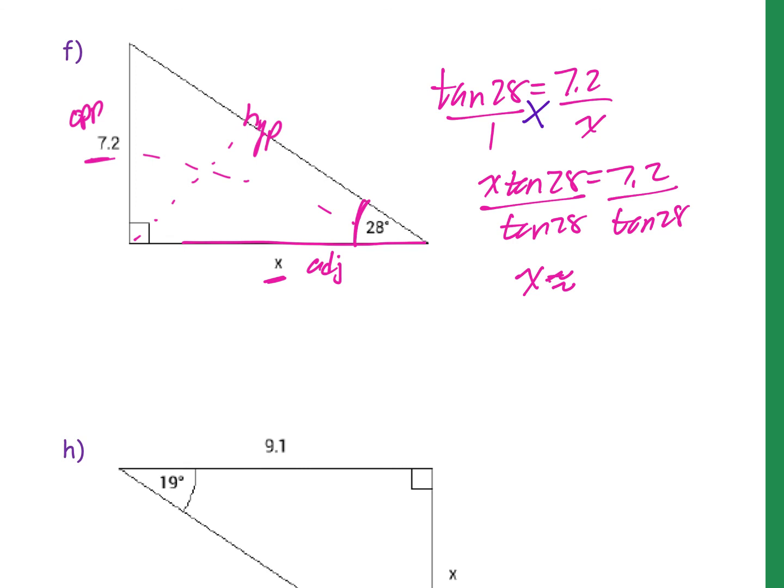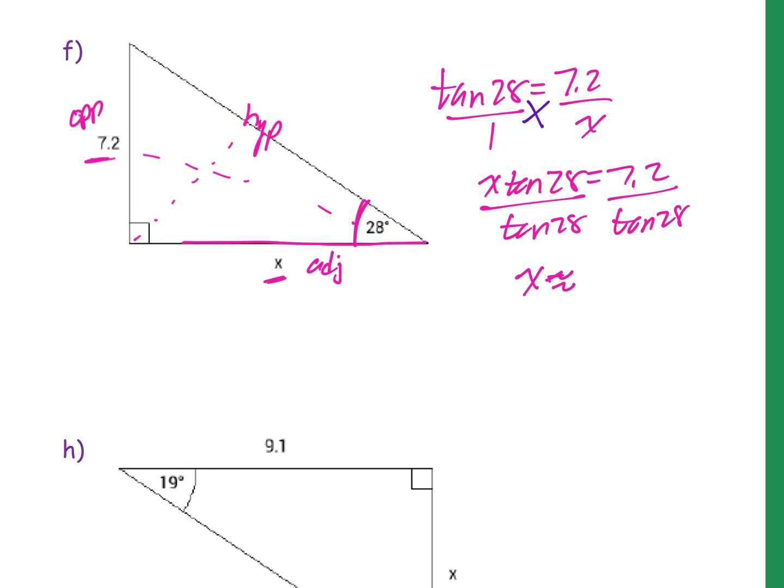And then the other one, what did you guys get? 3.8. And it's dividing on both times. Did I put it in wrong? No. 7.2 divided by tangent of 28. 7.8 divided by tangent of 28 is 13.54. That's if you divide it. That's not what I got. 7.2.